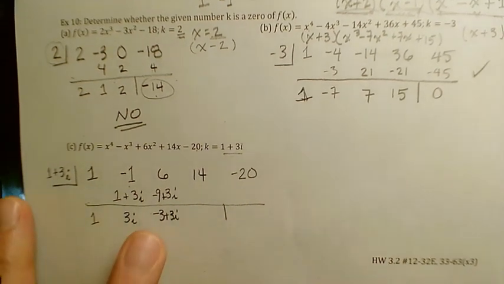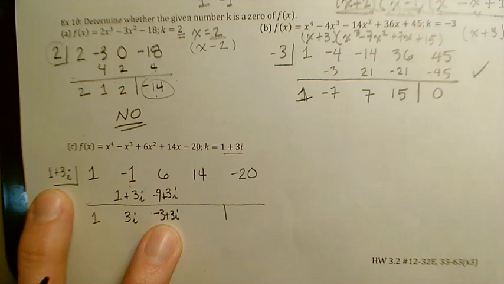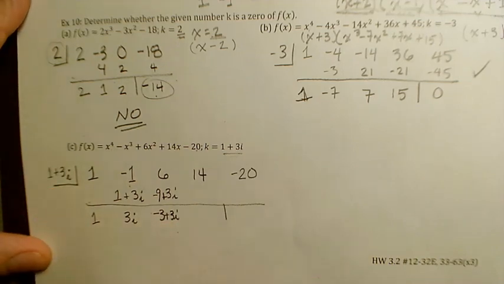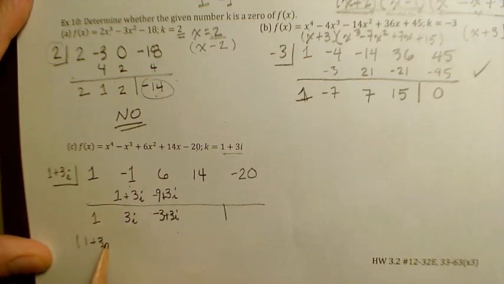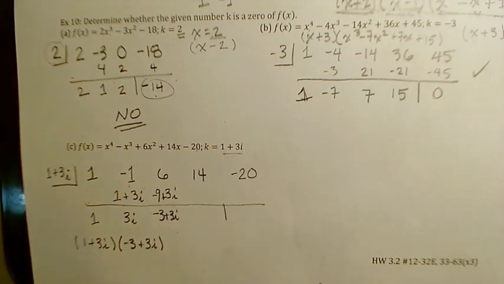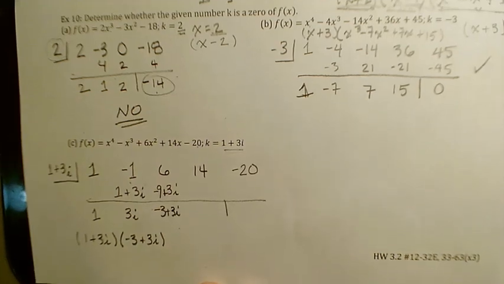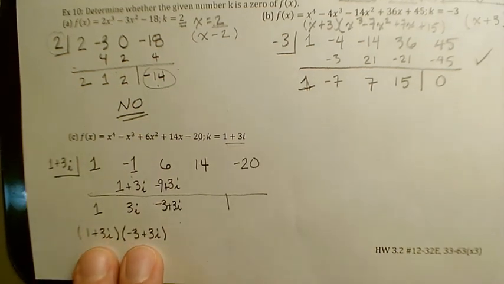Okay, now when I multiply these together, it's getting a little complicated. I'm going to do that kind of on the side here. That means I'm going to have 1 plus 3i times -3 plus 3i. And we're going to treat that like you're foiling two binomials.